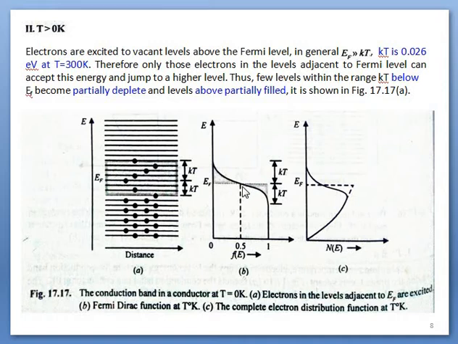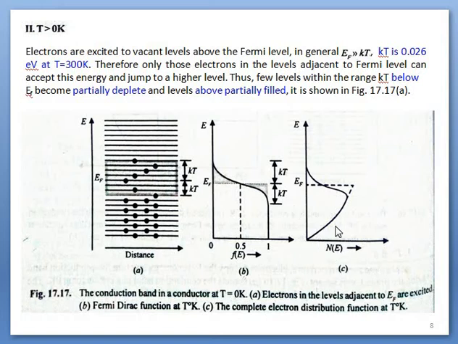So in the upper energy levels, we have a finding probability, up to the upper filled electron level, and then afterwards it becomes 0. The same thing can also be seen in the electron distribution function.